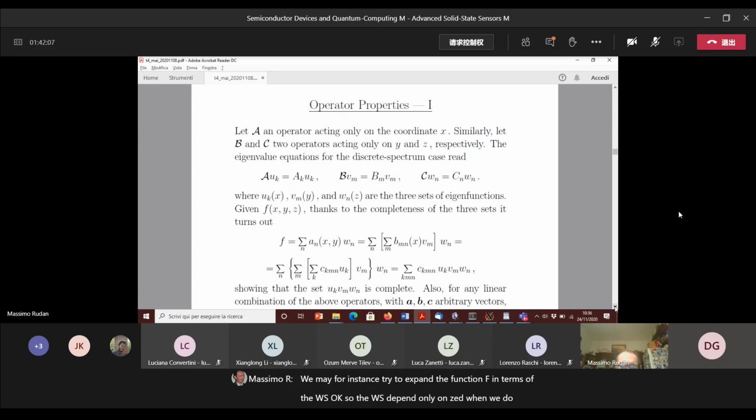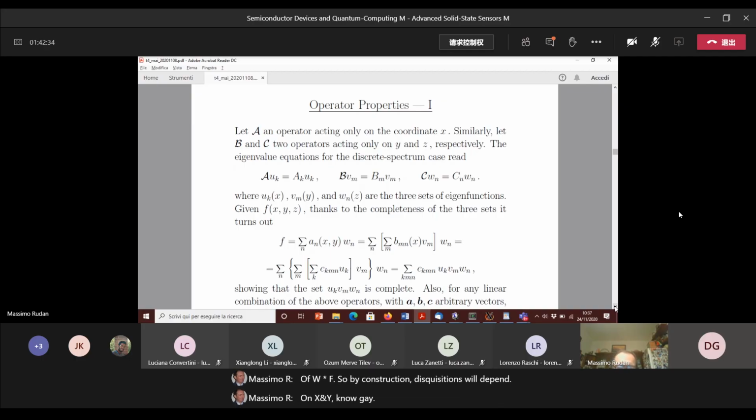When we do so, you remember the coefficients of this expansion that we call a_n are obtained as the scalar products of w_n times f. So by construction, these coefficients will depend on x and y. Okay.